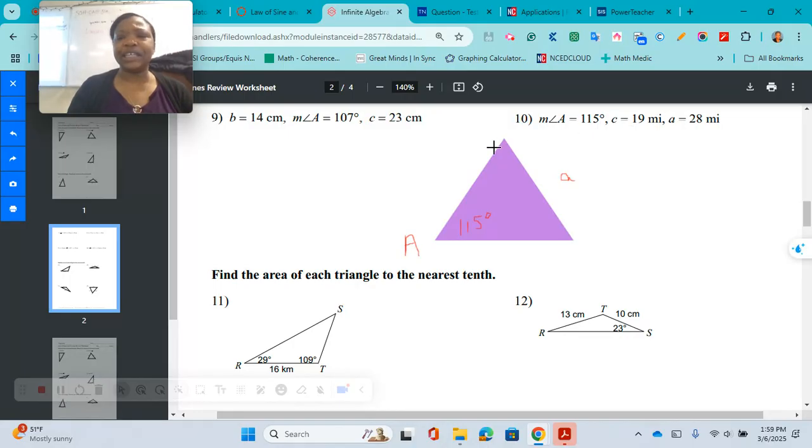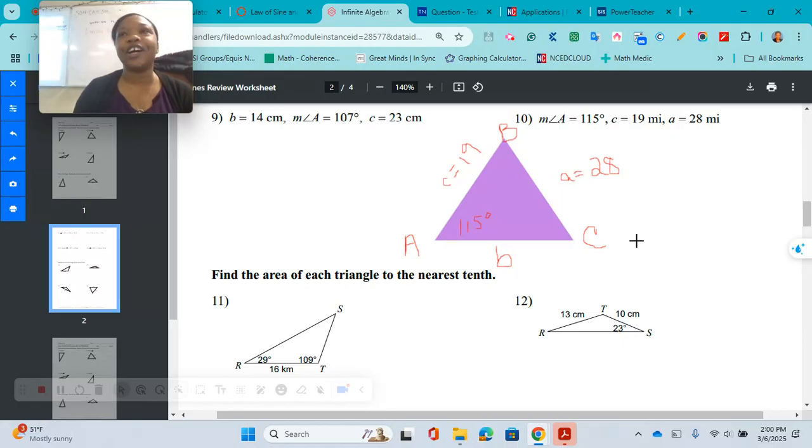And C is 19 miles, so I could just say this one is C, little c at 19. If this is the length of C, then opposite the length will be the angle C, big C. And we have the length of A at 28 miles. So right now, all we're missing is the angle and the length of B, with the angle of C.